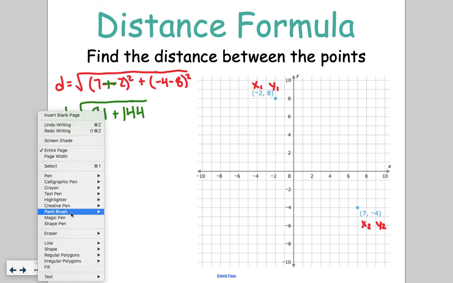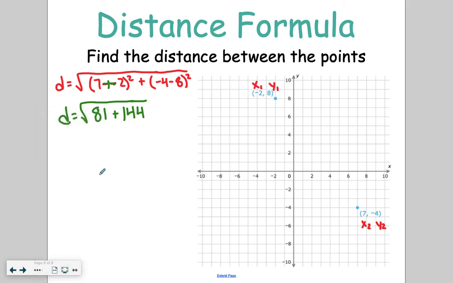Then when you add those together, 81 plus 144 gives you a square root of 225, meaning that your distance, when we type that into the calculator, is going to be 15.